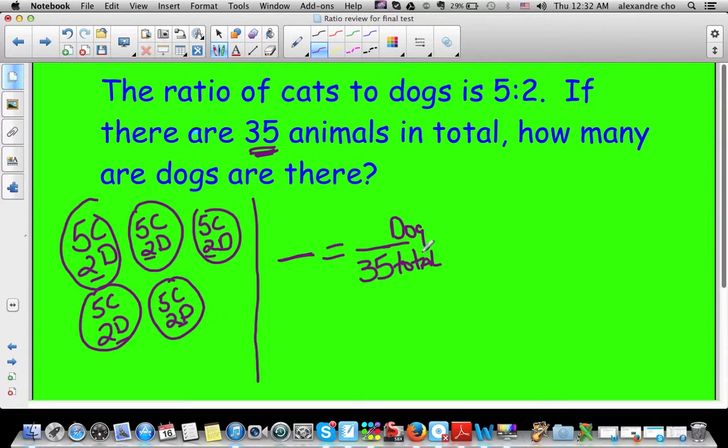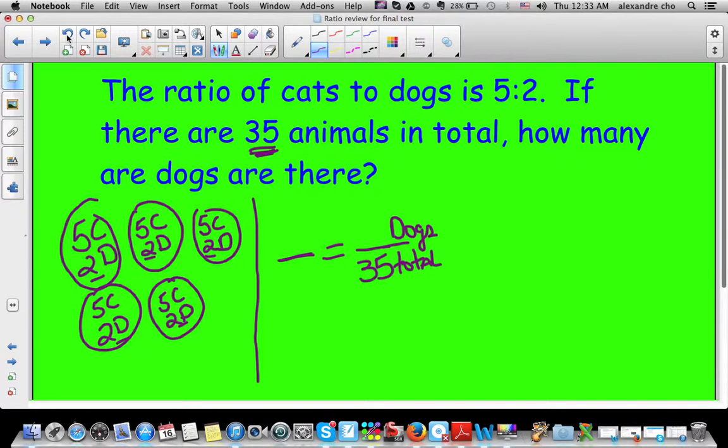So I'm going to write dogs here. Now if you go ahead and write 5:2, you're going to run into a problem, because 2 is not the total number of animals, and 5 is not the total number of dogs. So that will give you an incorrect proportion.